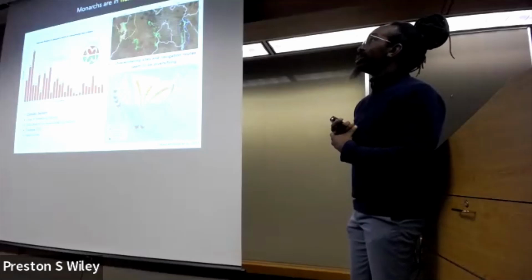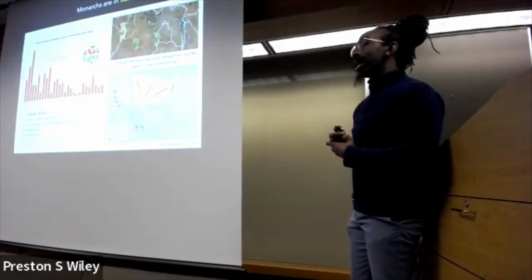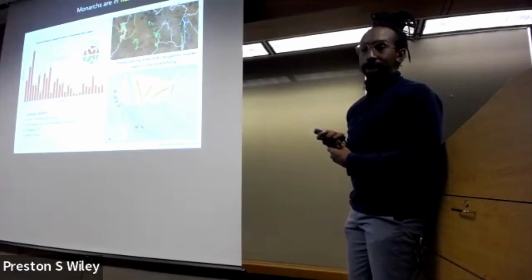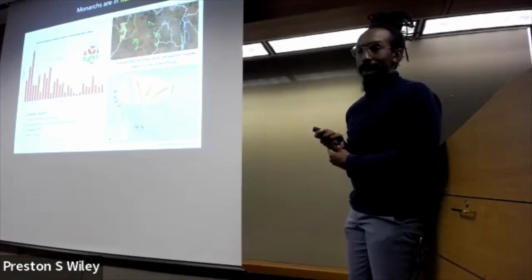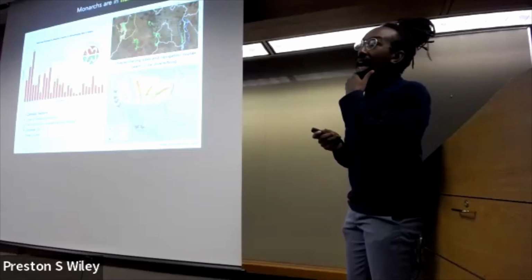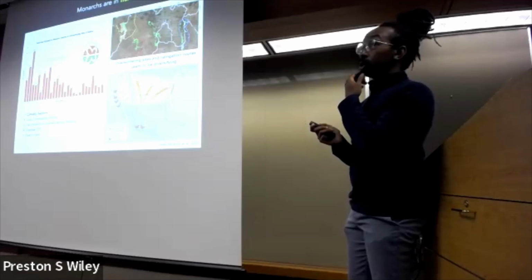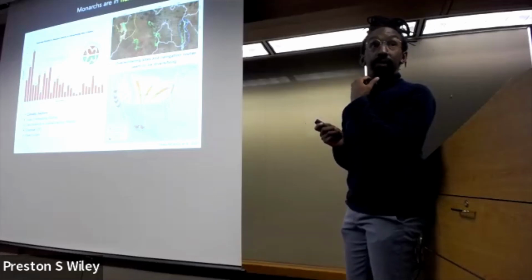But what we also know is that after a few generations of inbreeding, and this is work that was done with captive bred individuals from monarch breeders in the US, after just a few generations, they lose some of this directional flight ability.